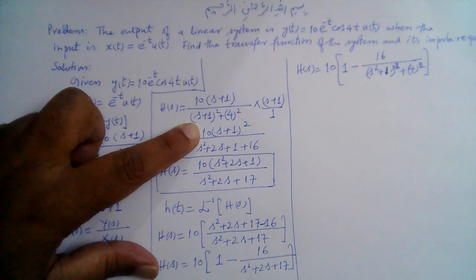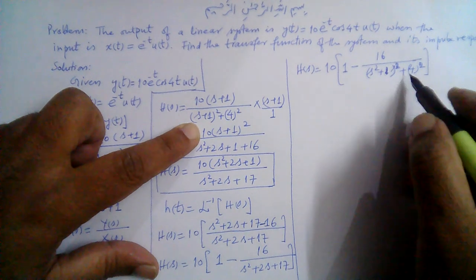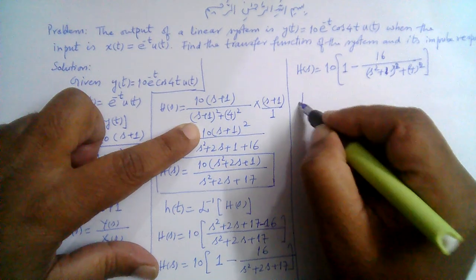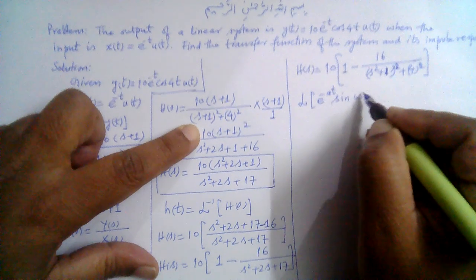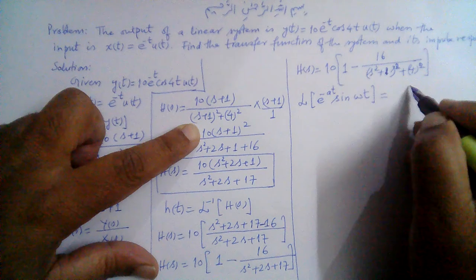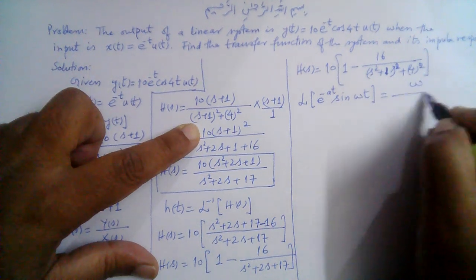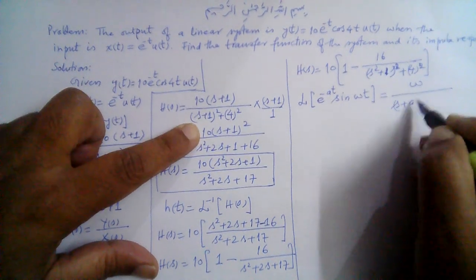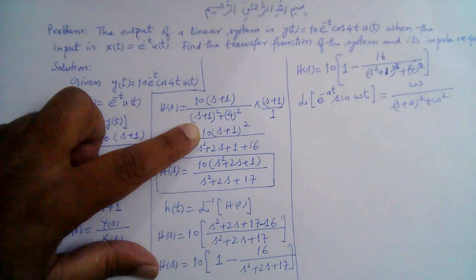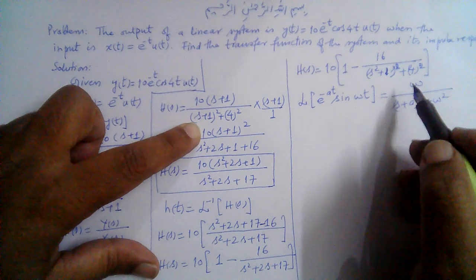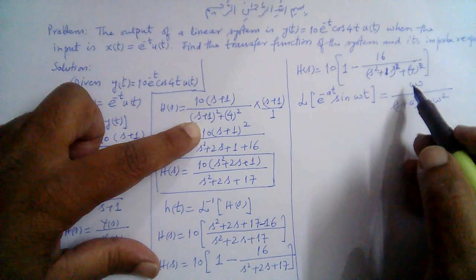And we know that the Laplace transform of e raised power minus at sine omega t is given by omega over s plus a square plus omega square, right? So omega here is 4, right?